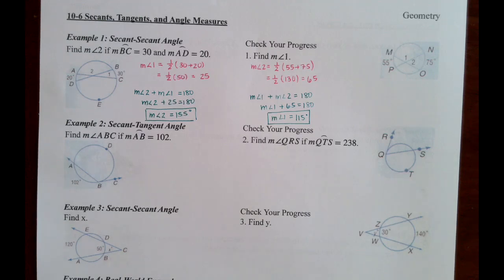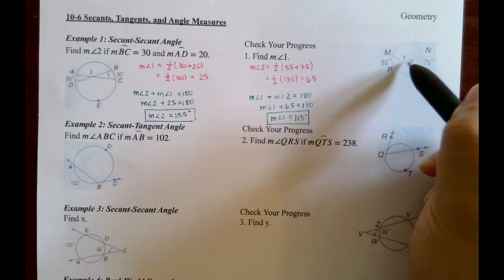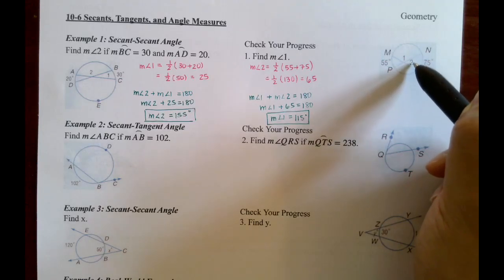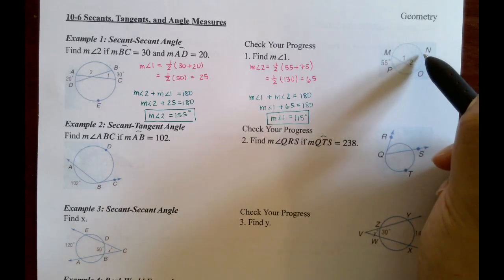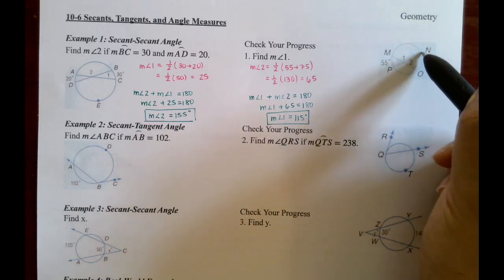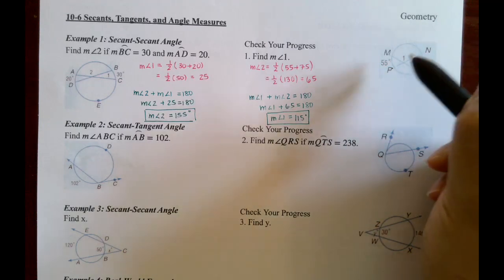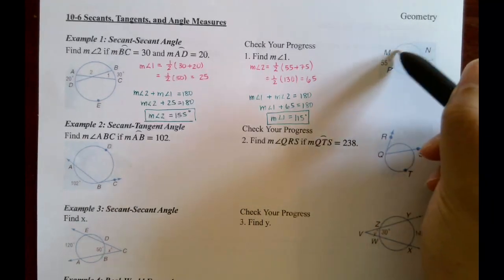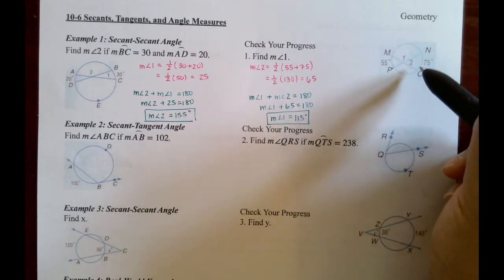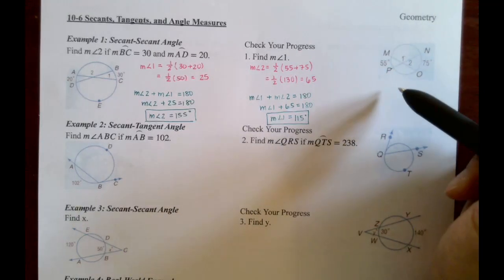When two secants intersect inside of a circle, this angle is half of the sum of the intercepted arcs. So angle 2 is half of this plus this, and angle 1 would be half of this plus this. Method 2 uses that idea.